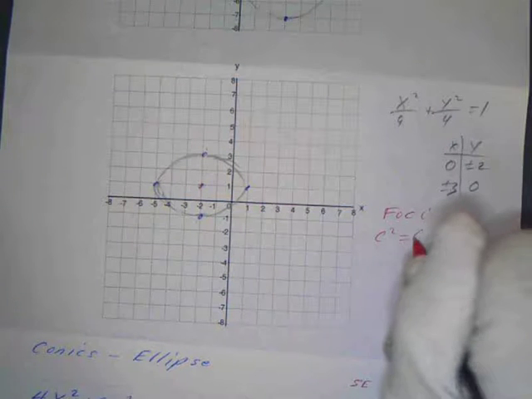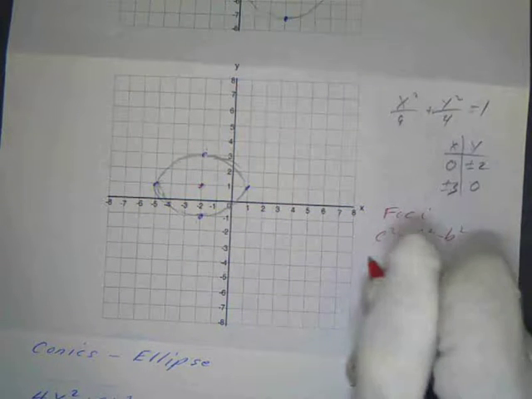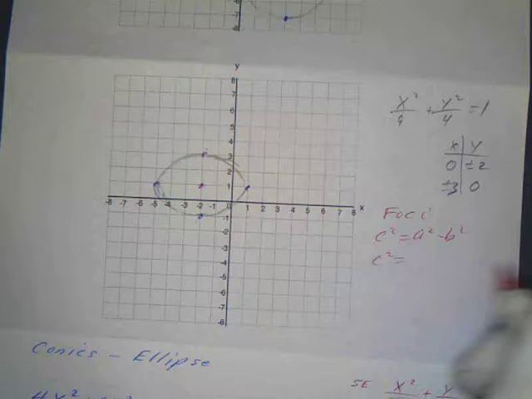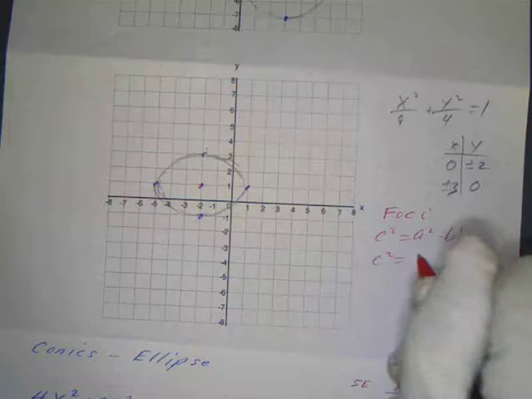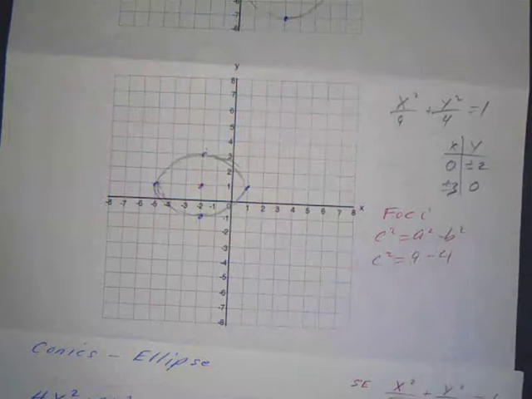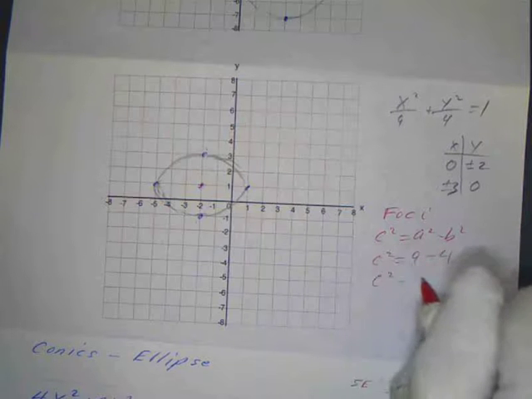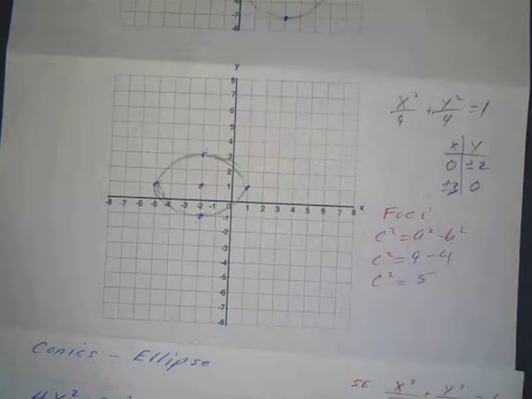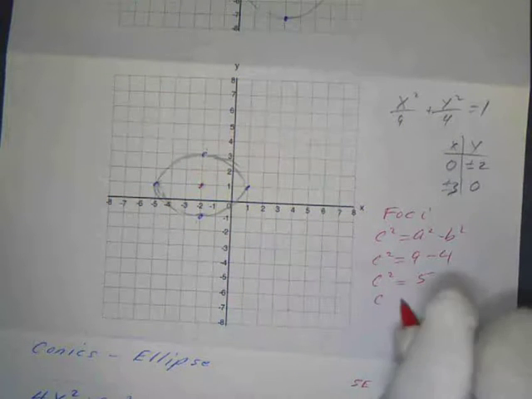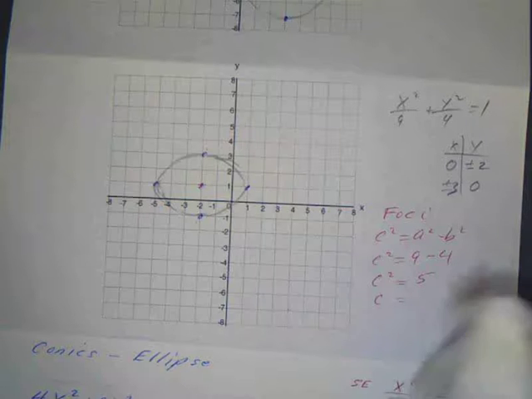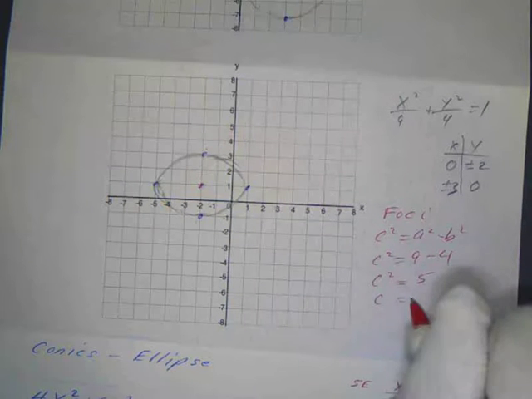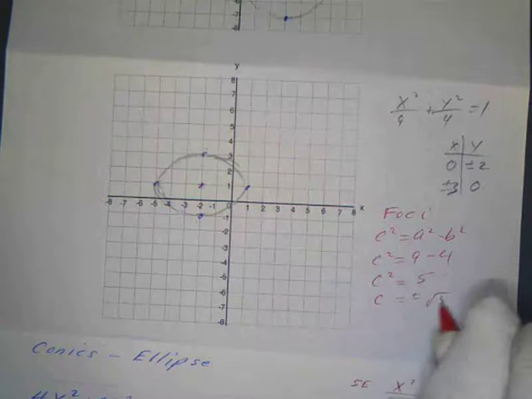c squared equals a squared minus b squared. So a squared is 9, b squared is 4. So c squared equals 5. So c is equal to plus or minus the square root of 5.